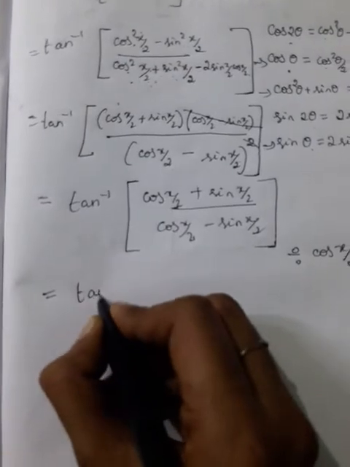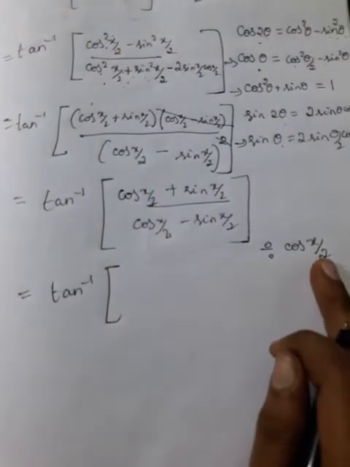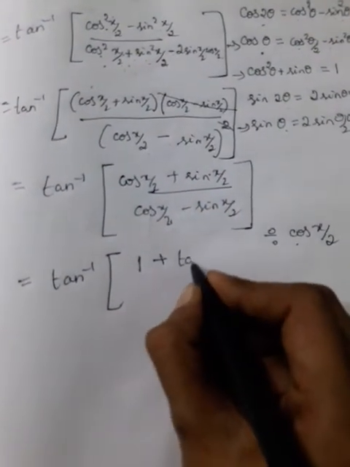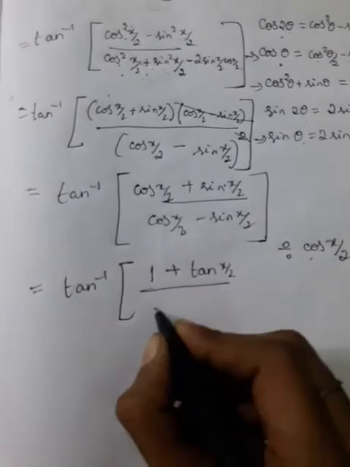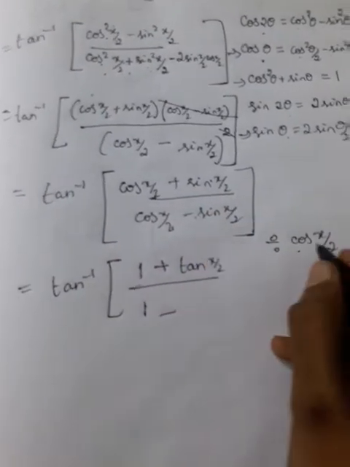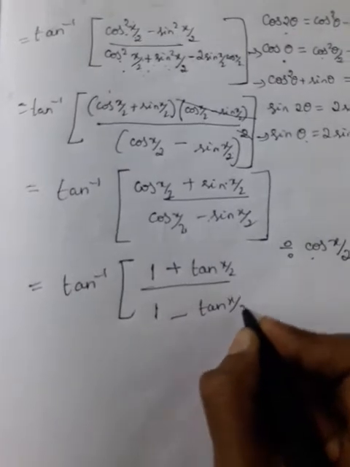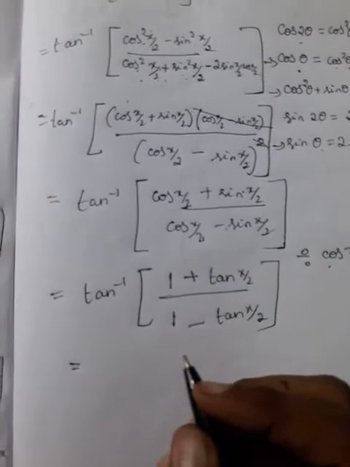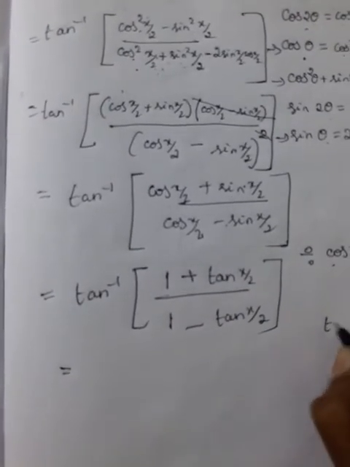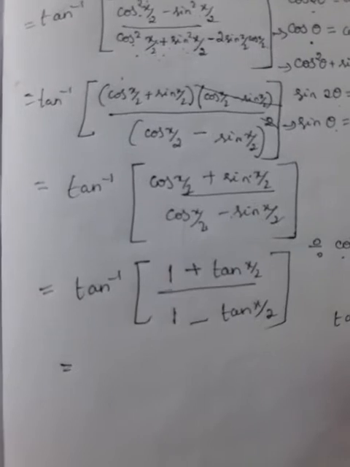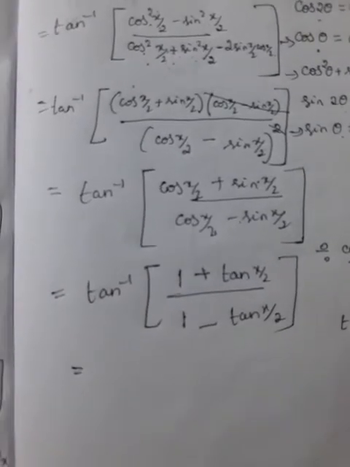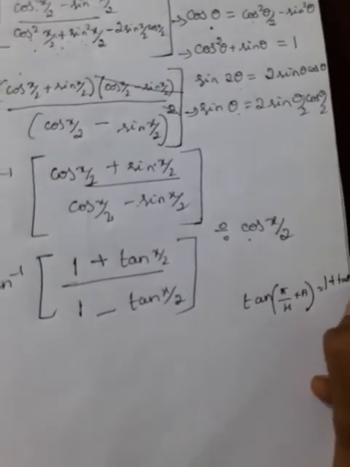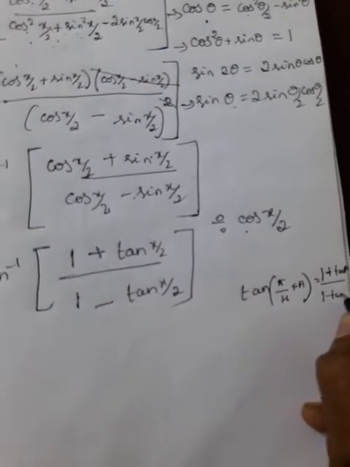What is the remaining? Tan inverse of cos x by 2 by cos x by 2 is 1 plus sin x by 2 by cos x by 2 is tan x by 2, divided by 1 minus sin by cos is tan x by 2. We know one more property, that is tan of pi by 4 plus a is equal to 1 plus tan a divided by 1 minus tan a.